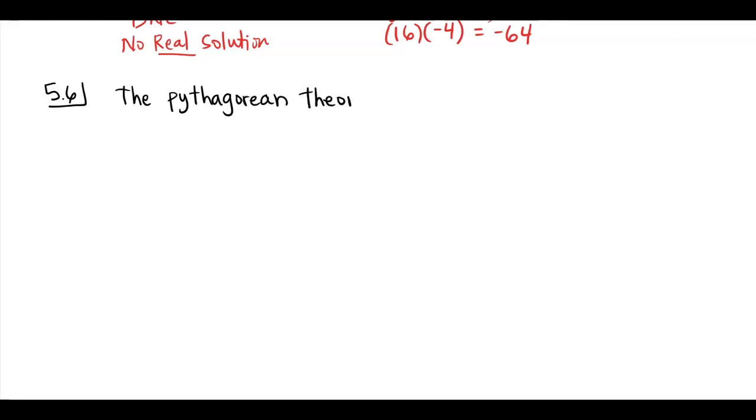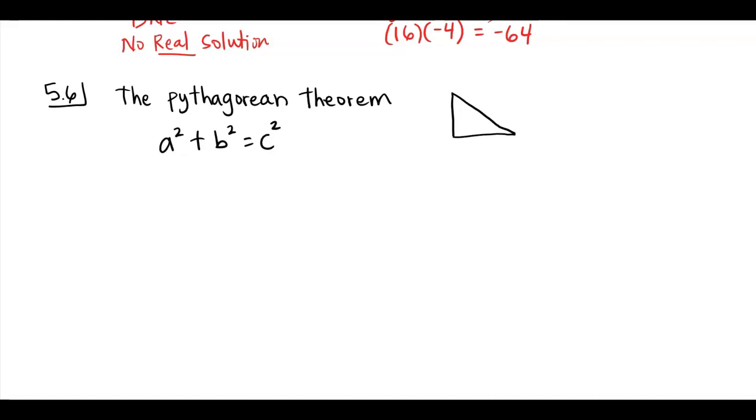The Pythagorean Theorem says a squared plus b squared equals c squared. With this a, b, and c, you've got to know where those numbers are coming from, right? The Pythagorean Theorem can only be used on right triangles.